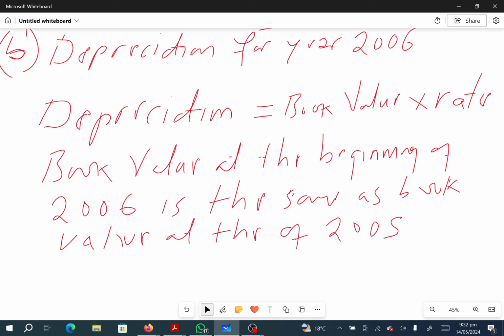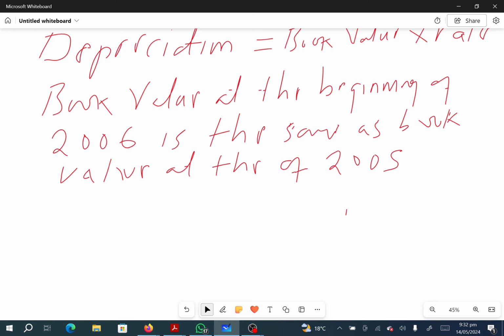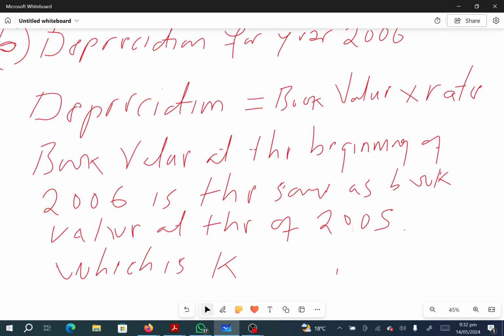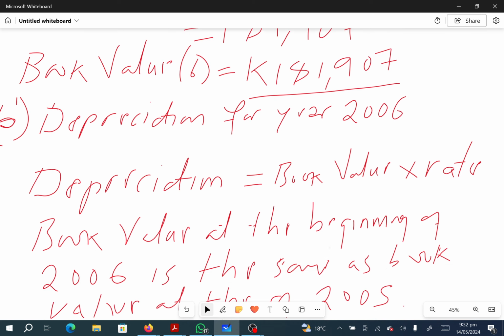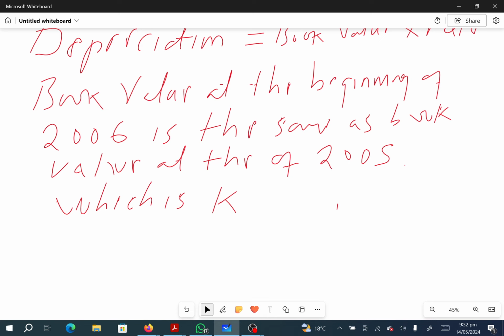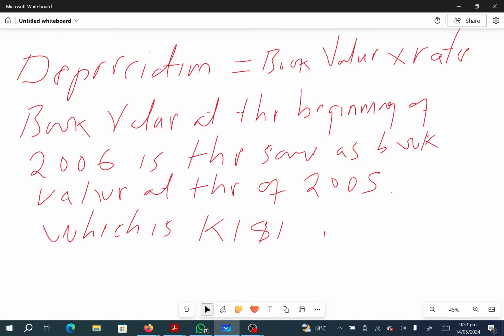So what was our book value in 2005? So our book value in 2005 was 181,907.